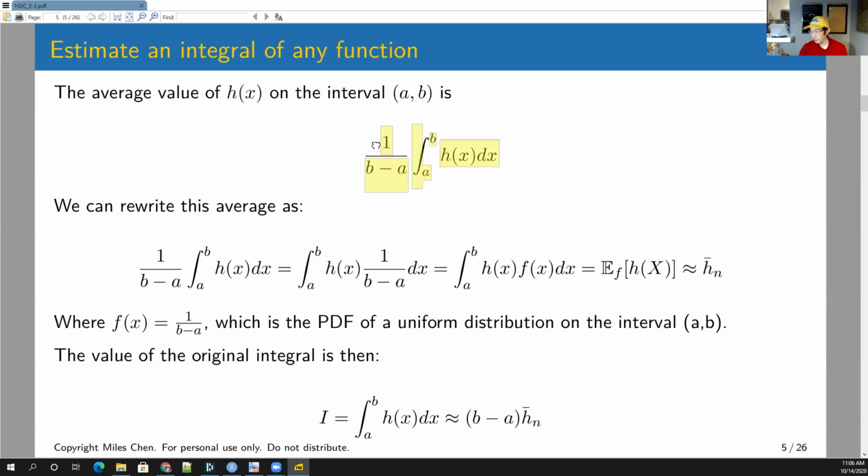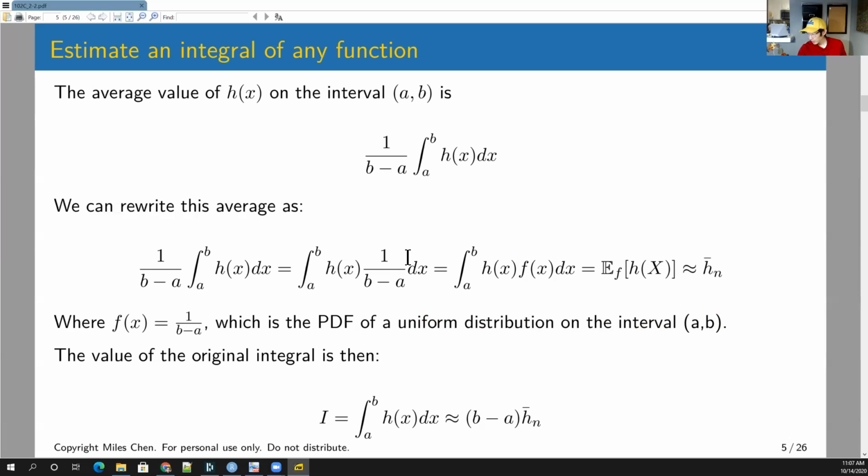And this thing, 1 over b minus a, if I bring it inside the integral, is equal to f of x, which is the PDF of a uniform distribution. The uniform distribution's PDF says all the values are equally likely, and the interval width is b minus a, so that it integrates to 1.